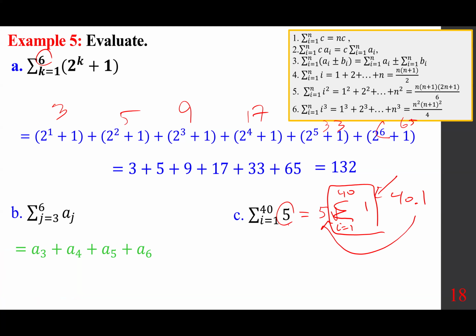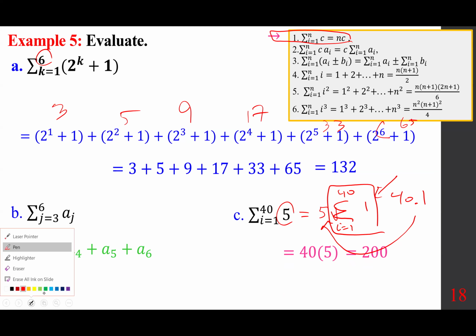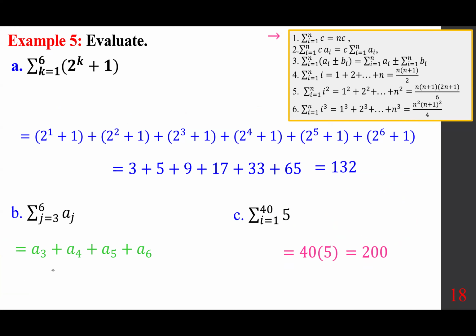Or just say 40 times 5, according to this one. 40 times 5, and the answer is 200. So let me erase mine so it becomes easier to read. According to this one, 40 times 5. And that's very straightforward, everybody.